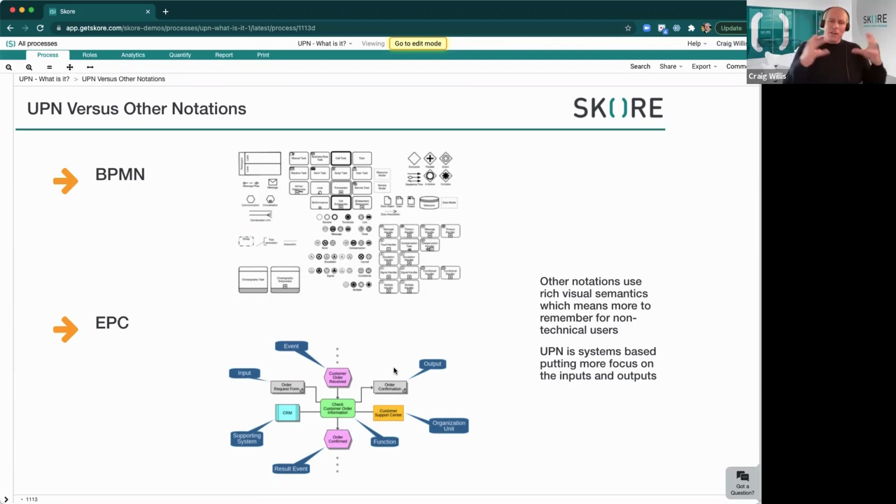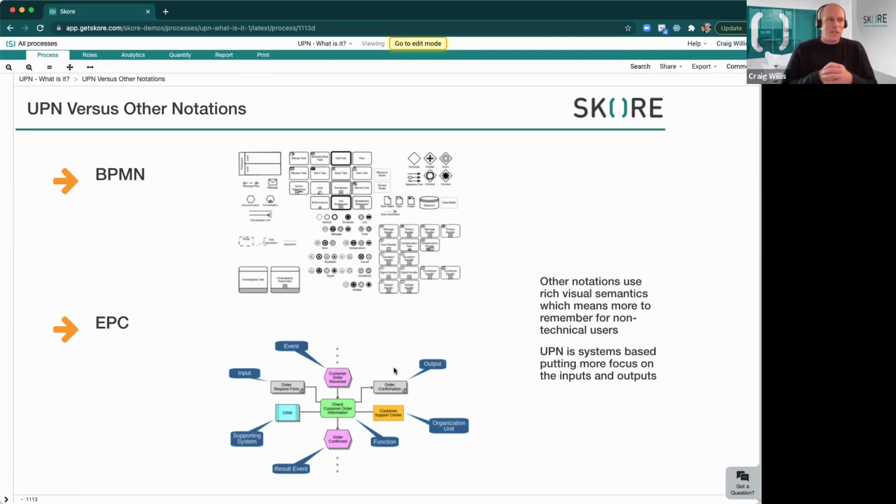While it's very rich in a visual sense, it then becomes like learning another language for people that use it, because there are lots of different aspects that need to be remembered. It's the same for both notations: lots of different shapes and colors that mean different things. So as an audience, they're very much targeted at that more expert community rather than the general or wider business community that UPN has been targeted at.